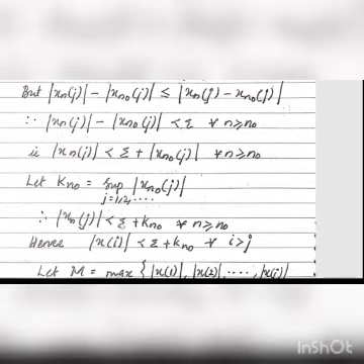Let that supremum be k n naught, so k n naught is equal to the supremum over j of mod of xn naught(j). Now you can take this as mod of xn(j) is less than epsilon plus the supremum of this, that is k n naught, for every n greater than or equal to n naught.